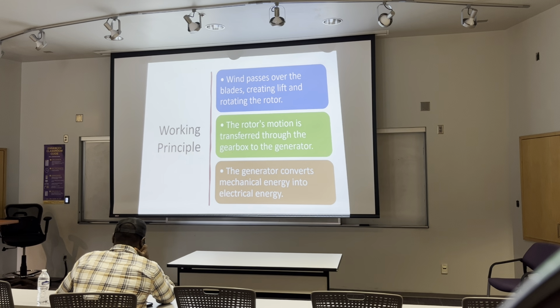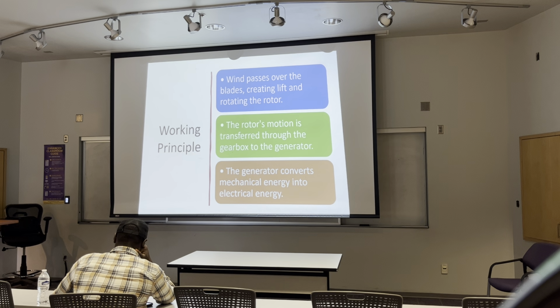The idea of the wind turbine is the wind passes over the blades, creating rotation of the rotor. So we have a generator. Most often an induction generator is used, a double feed induction generator. Why double feed?